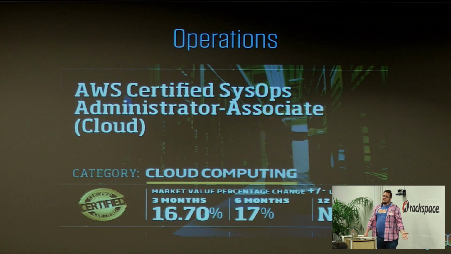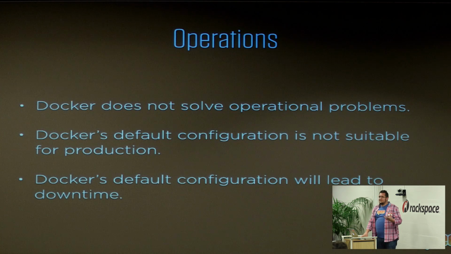So operations, and this is really the hardest part for me of adopting Docker, is that operations is really hard to begin with, and introducing all new operational difficulties has been a thing that has annoyed me a lot.